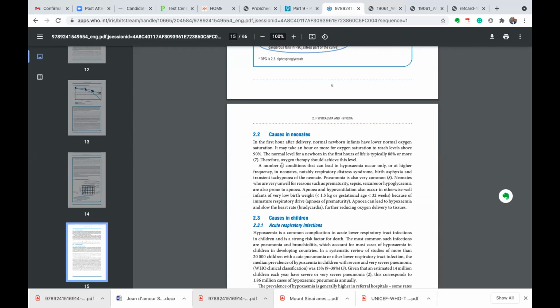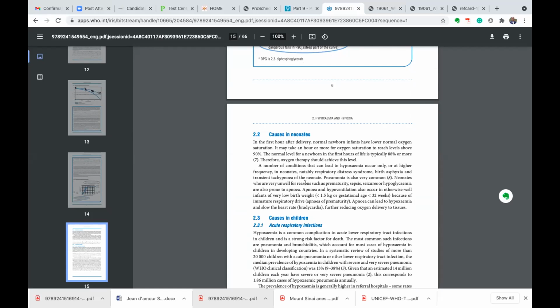Okay, so a number of conditions can lead to hypoxemia in neonates. Notably respiratory distress syndrome, birth asphyxia, transient tachypnea of the neonate, and pneumonia is also very common.